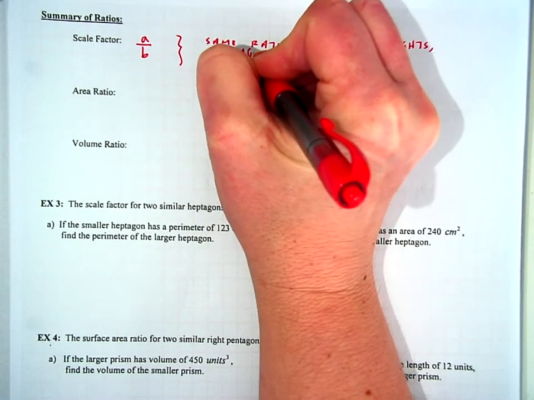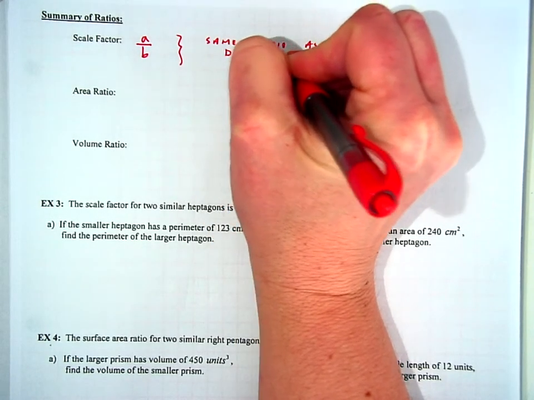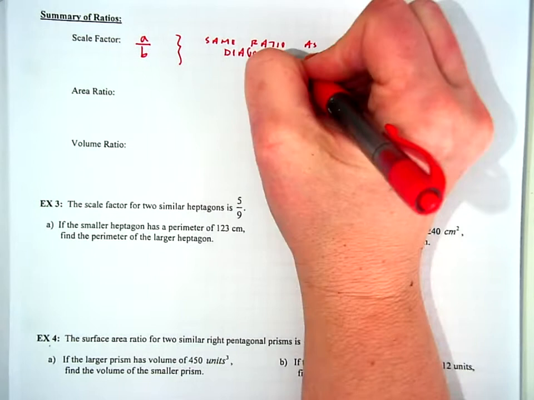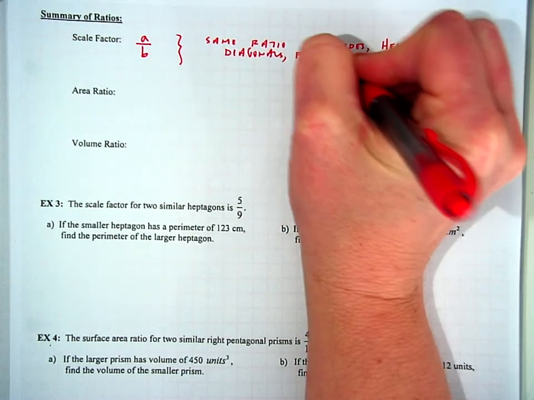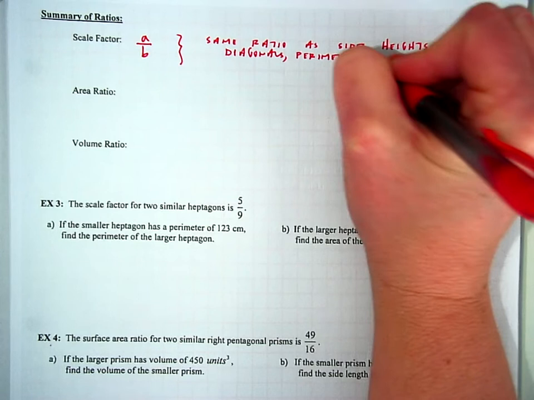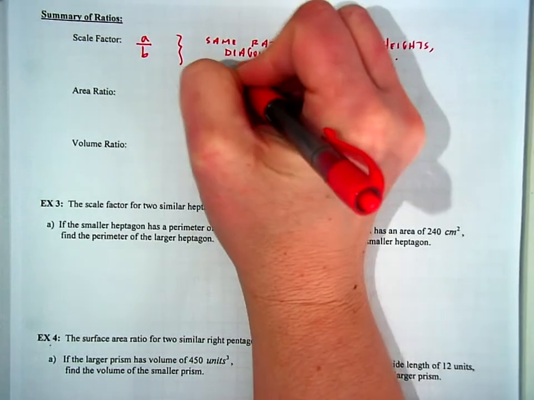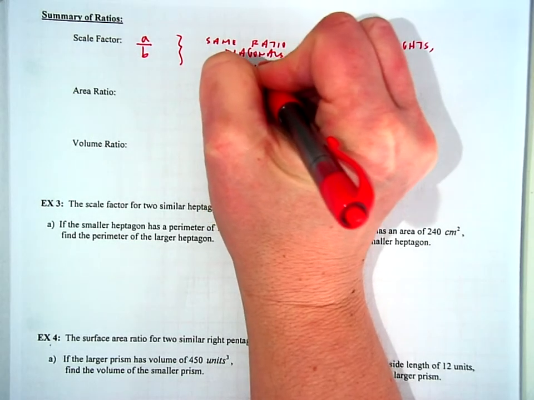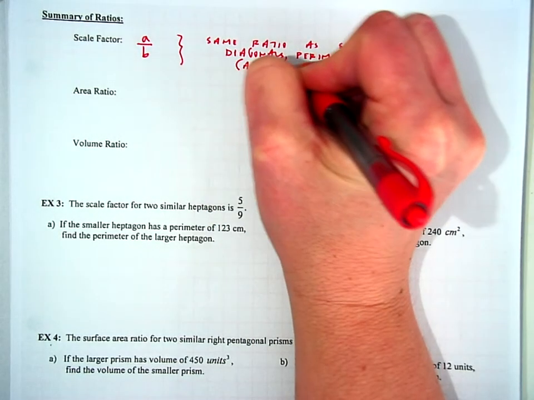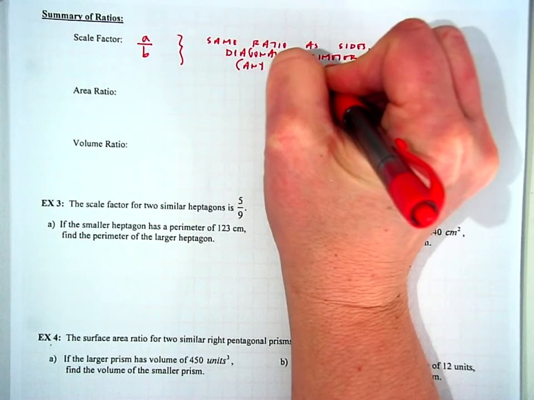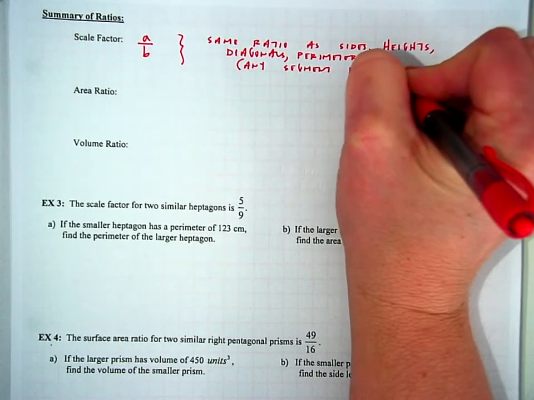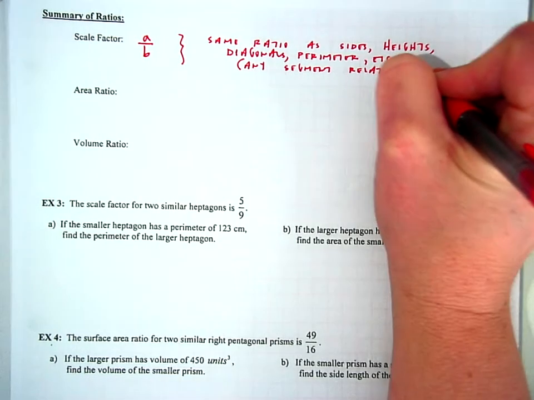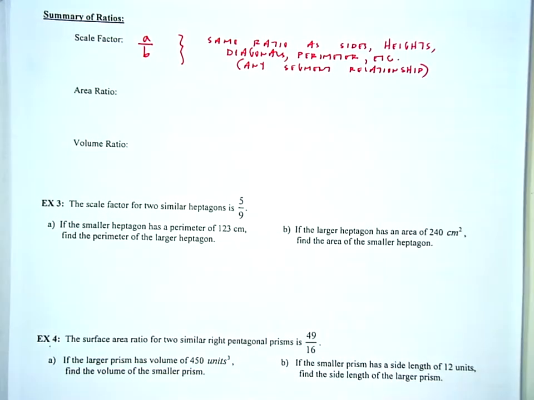So same ratio as sides, heights, diagonals, perimeter, etc. So again, just any segment relationship.